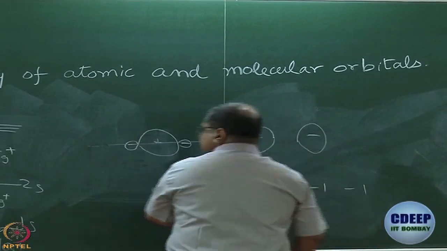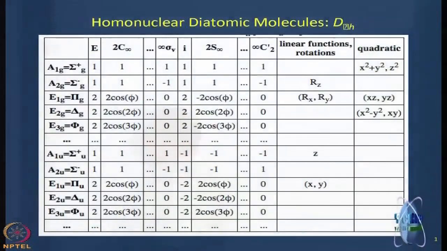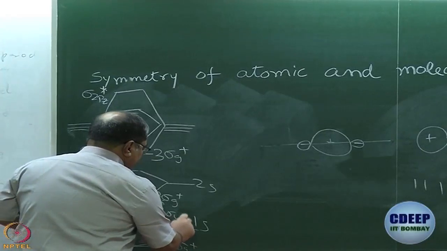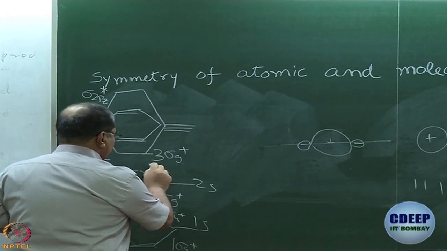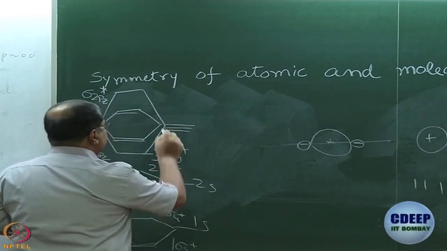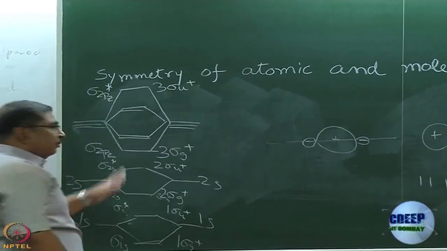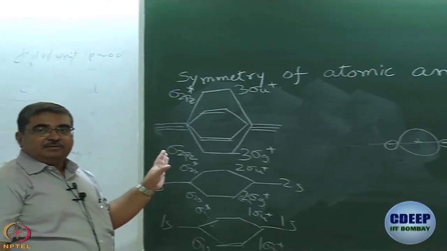So 1 1 1 minus 1 minus 1 minus 1, it is sigma u plus. So all these antibonding sigma orbitals can be written as, say 1 sigma u plus, 2 sigma u plus, 3 sigma u plus. I am only left with the pi orbitals now.